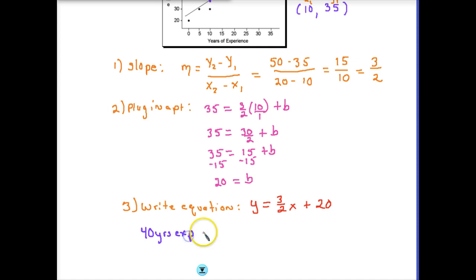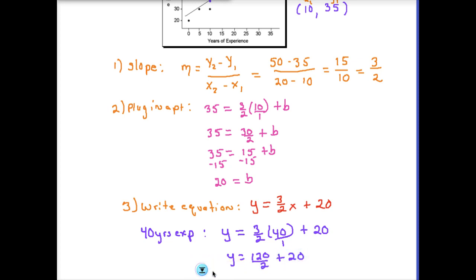And we want to know how much we would make. Well, Y is going to be the total income, so X is the years of experience. We plug 40 in there, and we can figure this out. 40 is the same as 40 over 1. So 40 times 3 is 120, and 2 times 1 is 2.